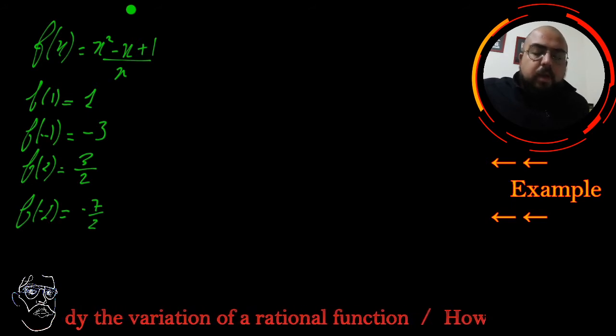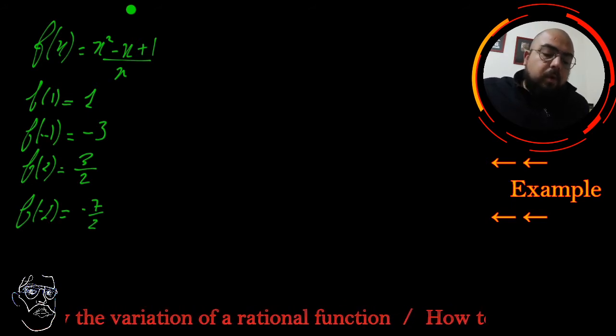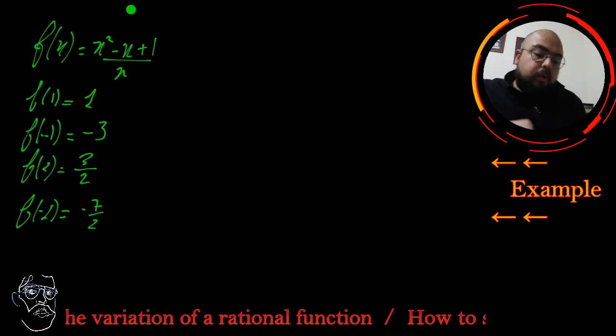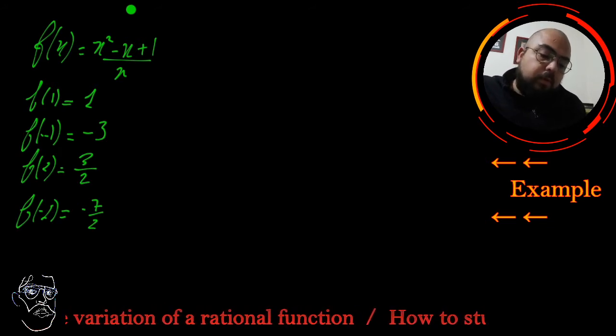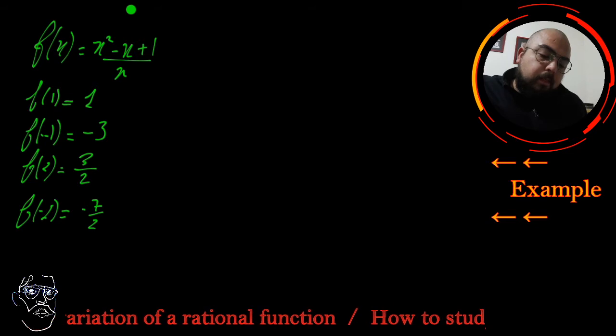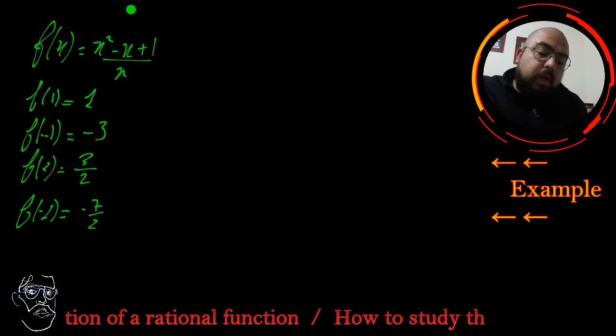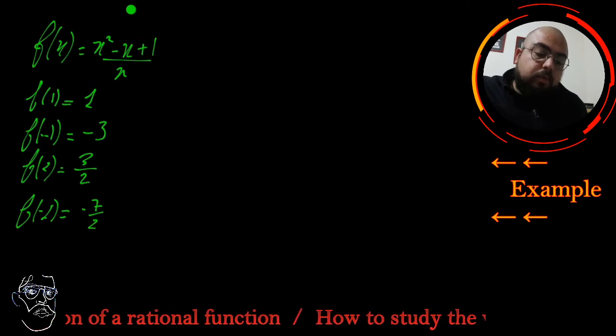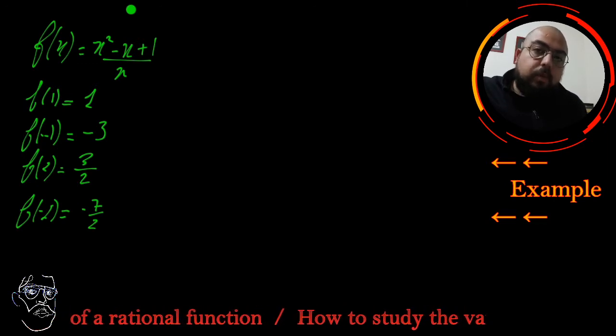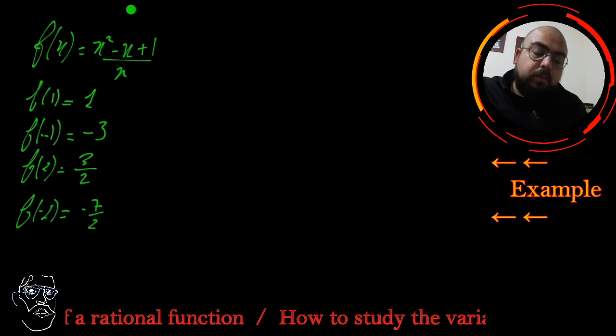Alright, since I have these values, I can draw my curve. But first, I will have to talk about the oblique asymptote. How are we supposed to find the oblique asymptote? There is a certain method.